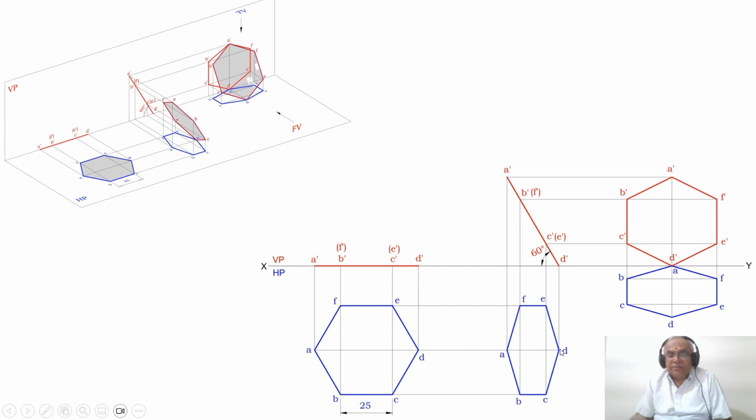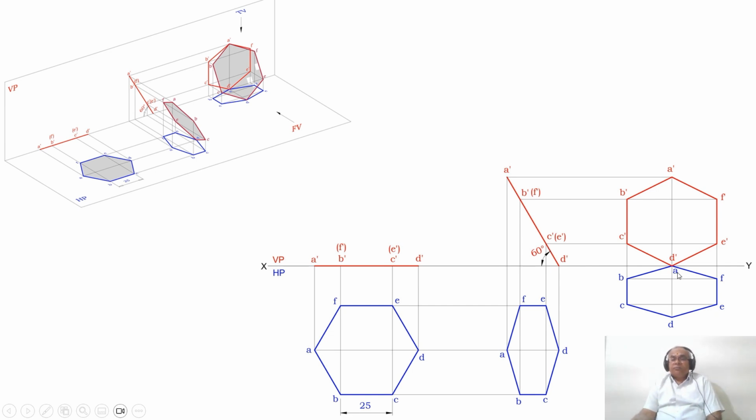Then similarly from D, you measure the distance up to this point, cut it on this, and draw 2 horizontal projectors. Then you measure the distance from this point to B, which is the same as this point to C, the same as C to E, and this point to F. From this point, you cut an arc on this side and also on this side. Similarly, from this point, you cut an arc on this horizontal line and also on the other horizontal line.